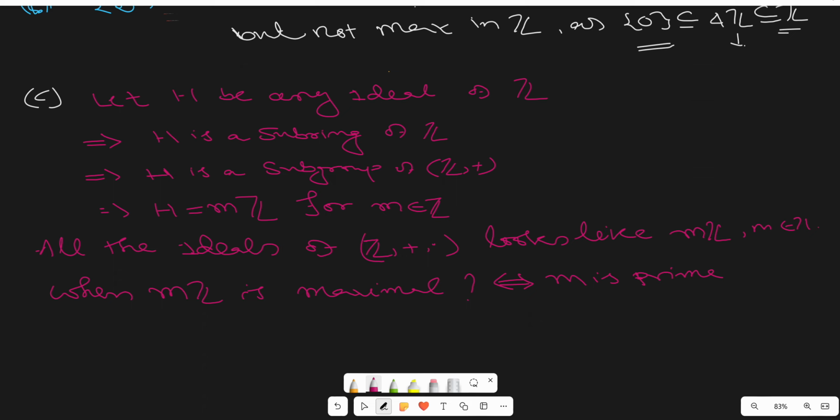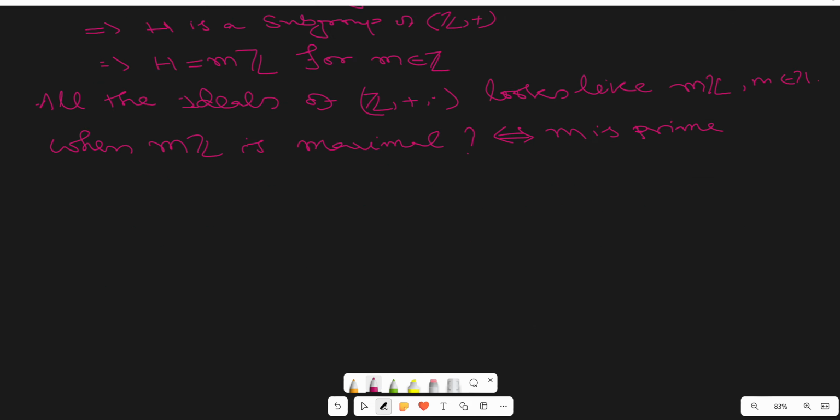Why? See, 10Z is contained in 2Z. See here, 10Z is contained in 2Z, right? It is also contained in 5Z, right? mZ is contained in nZ if and only if n divides m.